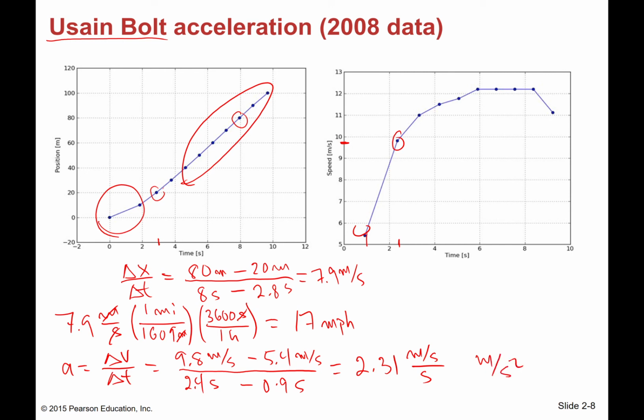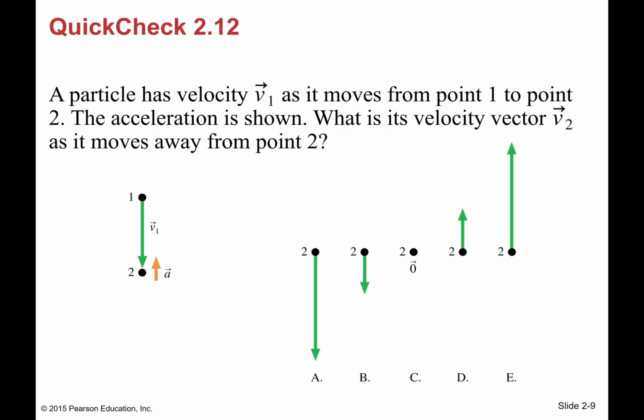So Usain Bolt has an acceleration of 2.31 meters per second every second. Compare that with a lion, which has an acceleration of 9.5 meters per second squared. He has an acceleration of 2.31 meters per second every second, and he's the fastest man on Earth. So it takes him about 3 seconds to reach the top speed, and then he keeps that speed for about 7 seconds until he reaches the end of the 100 meters.